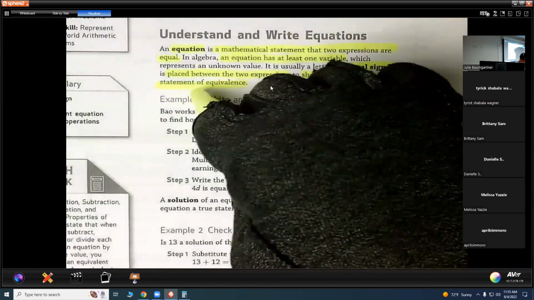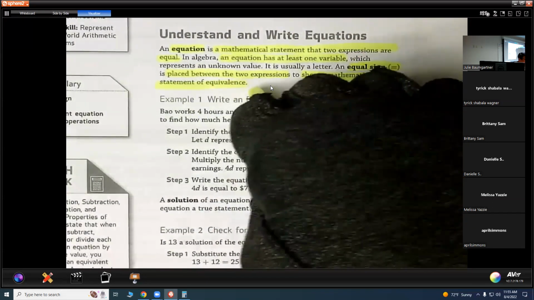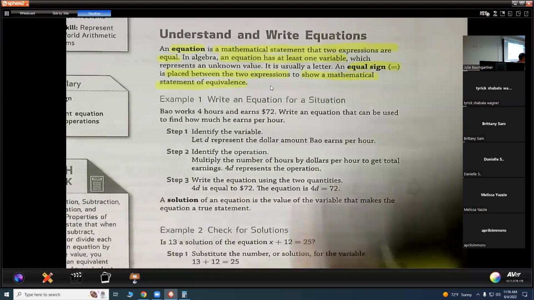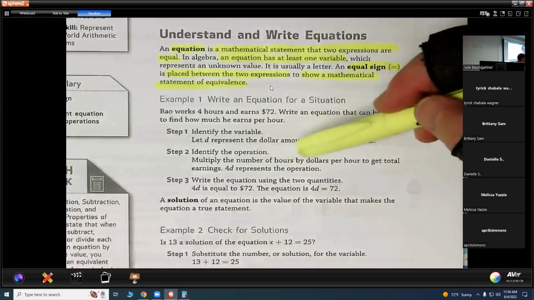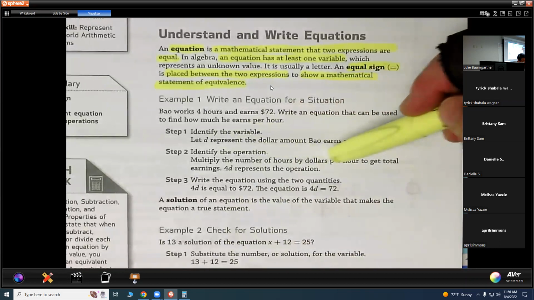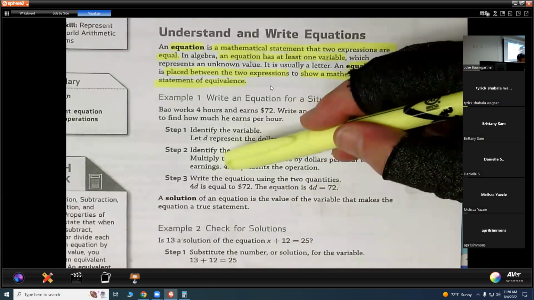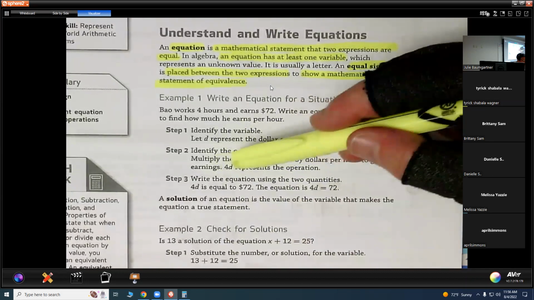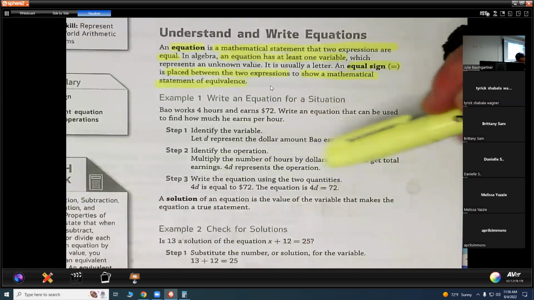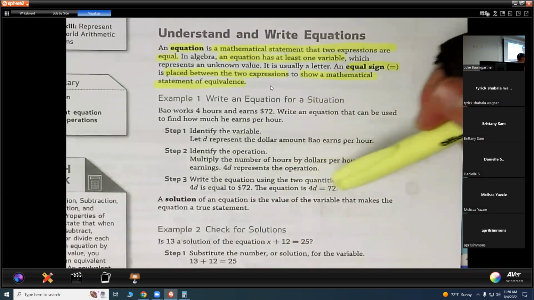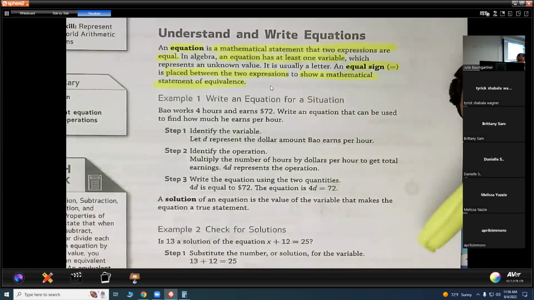We know how long he worked and we know his total earnings, but what was the rate? Identify the operation. Multiply the number of hours by dollars per hour to get the total earnings. So 4D, or 4 times D, is what we're going to do. And then we write the equation: 4D equals 72.